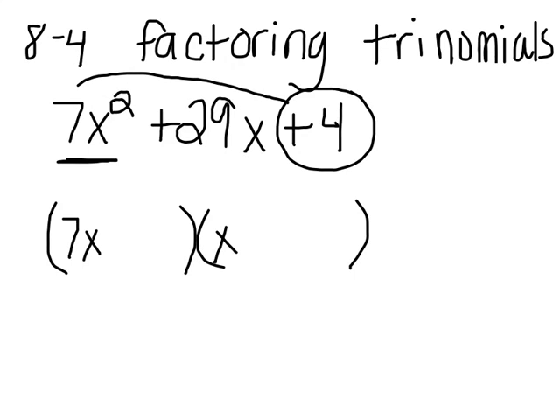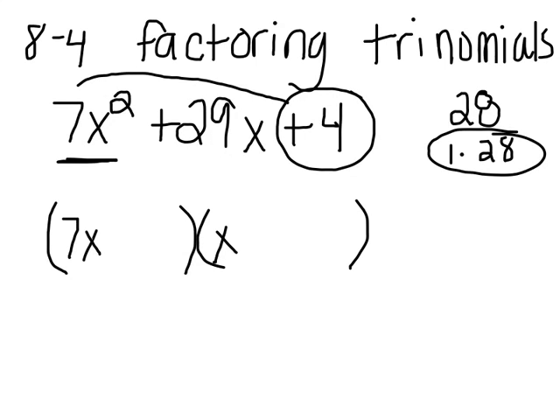So 7 times 4 is 28, and now we're looking at the factors of 28 that add to our middle term of 29. So we'll make a list as usual. 28 is 1 times 28. This adds to 29. This is the option that we're looking for.